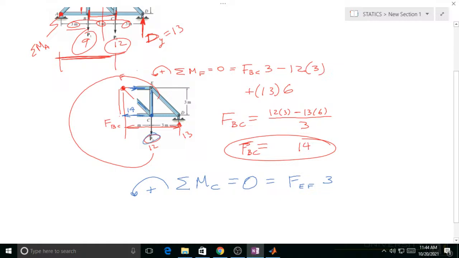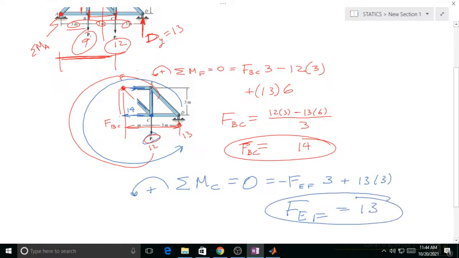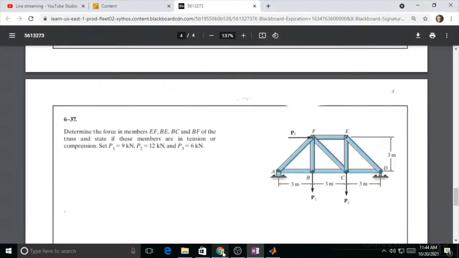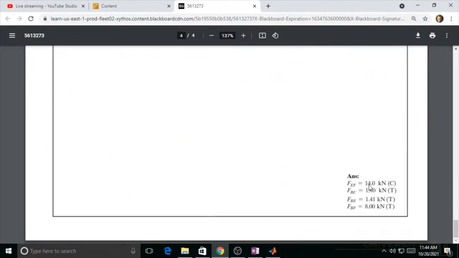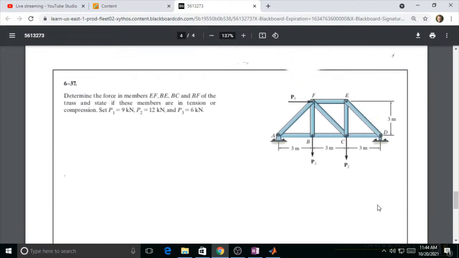This one doesn't produce a moment about C, and this one does. That's interesting because it produces a moment in this direction. So this one should have been minus, this should be plus, and it's 13 times 3 again. So FEF is equal to 13. And let's say, did he get 13 there or did he get 14? FEF. Yeah, I think the answers here are goofed up, so I wouldn't put much stock in them.